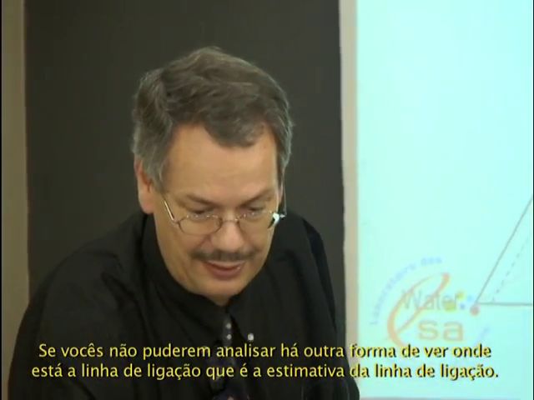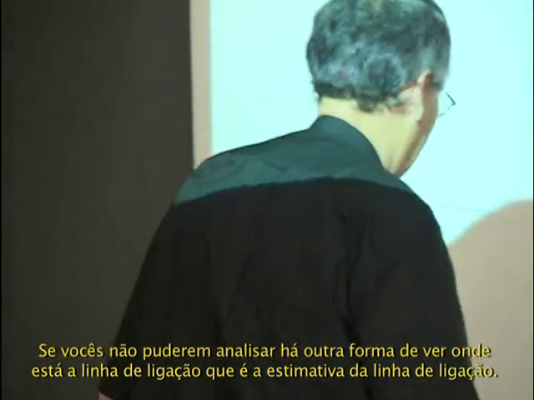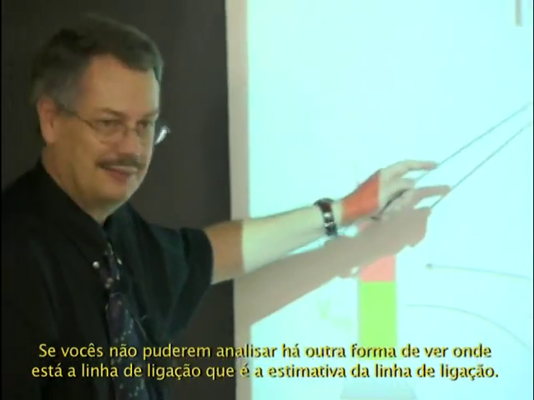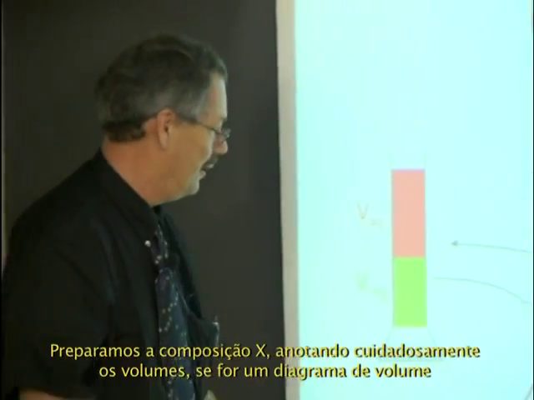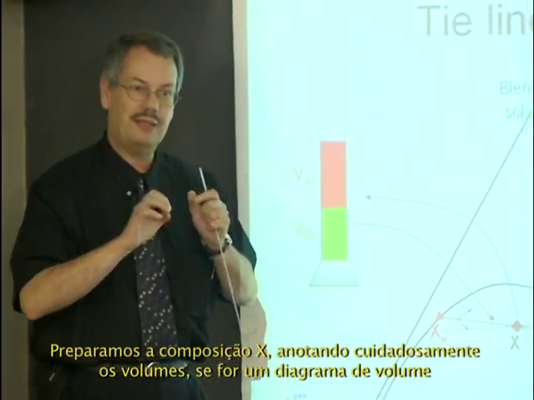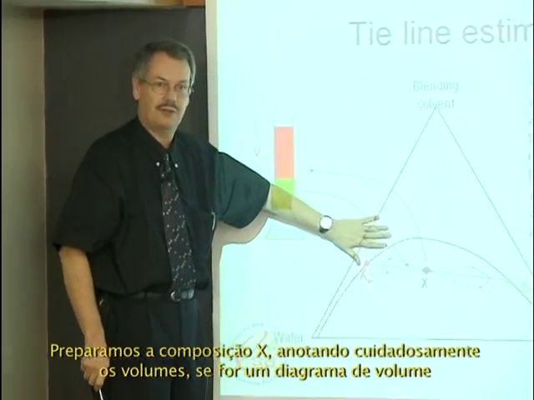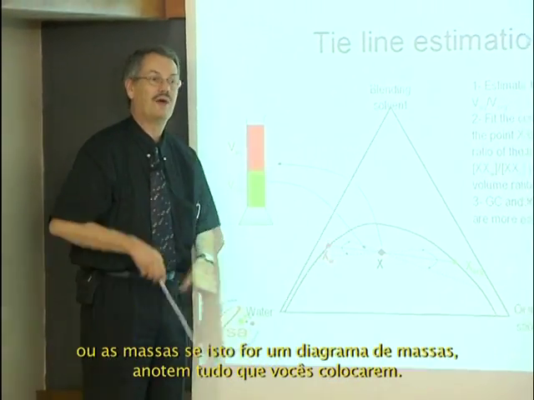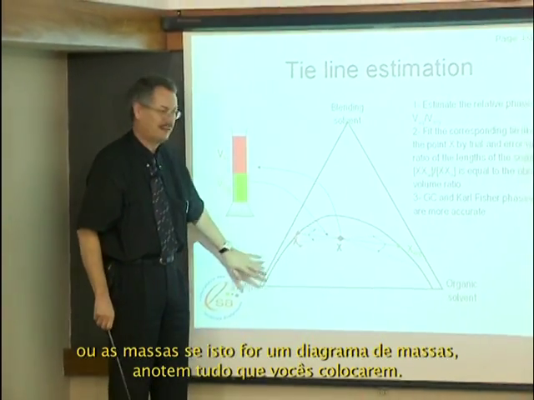If you cannot analyze, there is a trick that allows you to find where the tie line is. So this is tie line estimation. You prepare your composition X, noting carefully, I make this volume, this volume, this volume, if this is a volume diagram, or this mass, this mass, this mass, if this is a mass phase diagram.